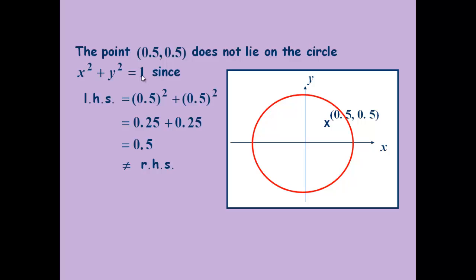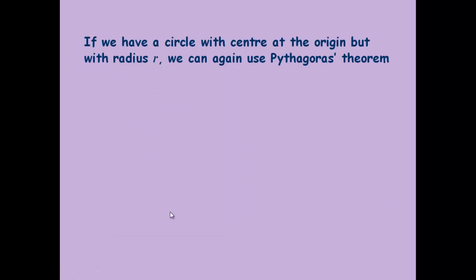In other words, by putting in 0.5 for x and 0.5 for y, we get 0.5 and not 1. Therefore, that point isn't on the circle. So that equation has to be satisfied by any pair of coordinates, x and y values. If we square them, add them together, it's got to give us 1 for that particular circle.